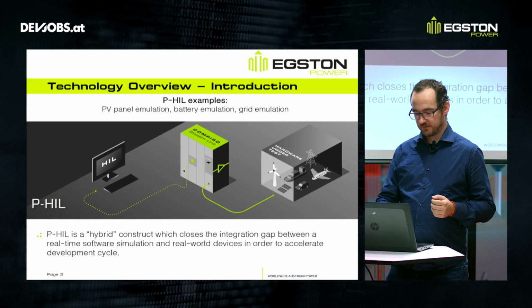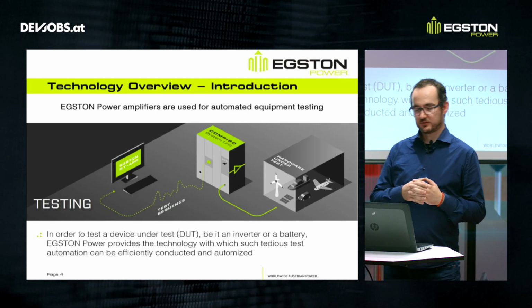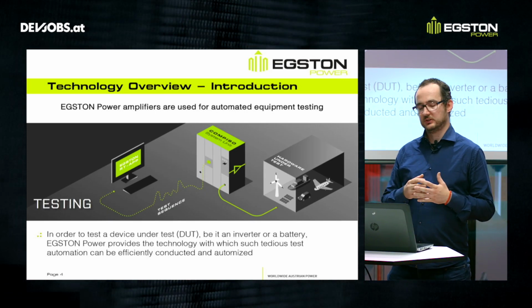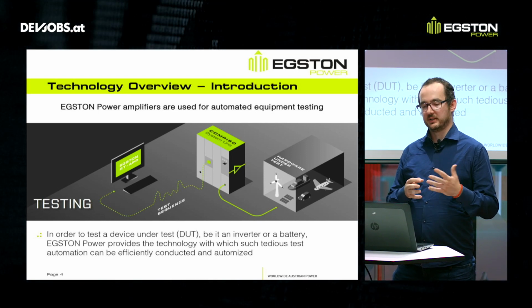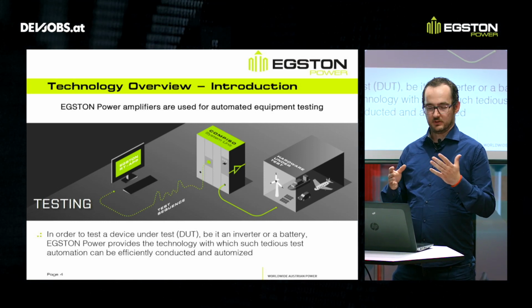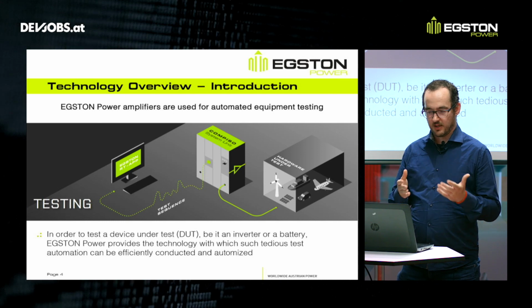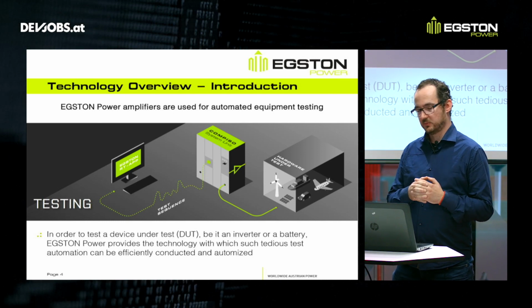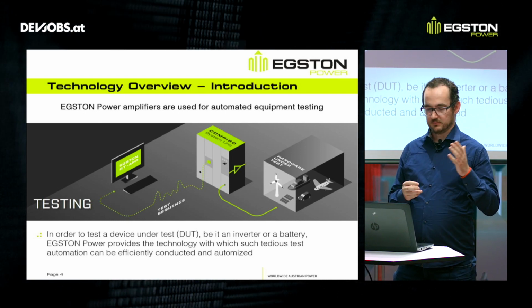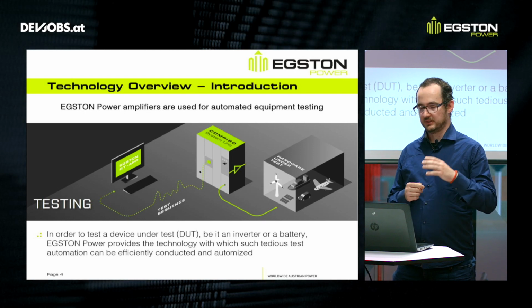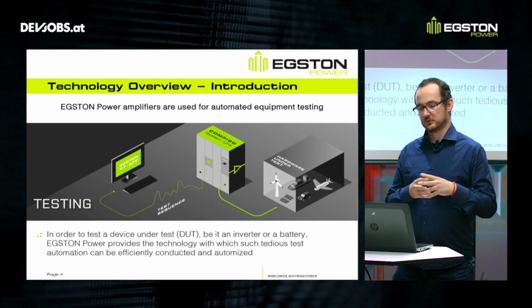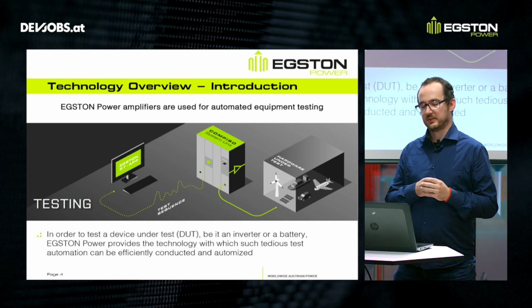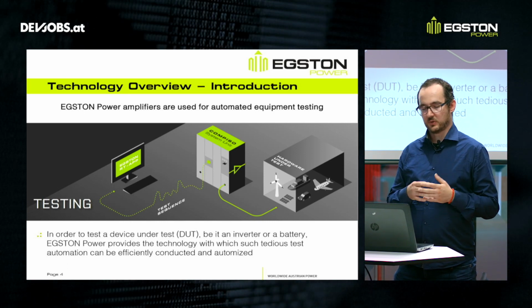We can see also that EGSTON Power Amplifiers can be used in order to facilitate and speed up the automated testing of devices under test, which can be pretty much anything when it comes to AC use cases. It could be inverters, it could be systems regarding wind turbines, it could also be DC related, something like a PV panel or a battery.